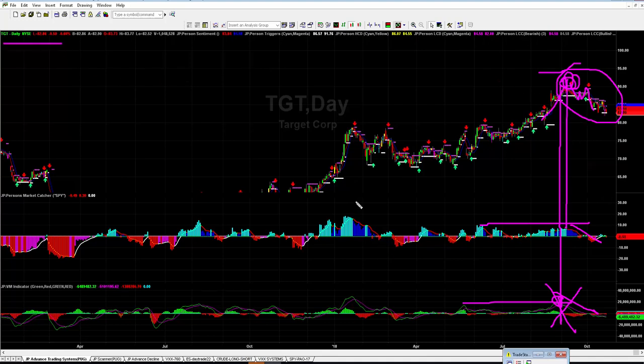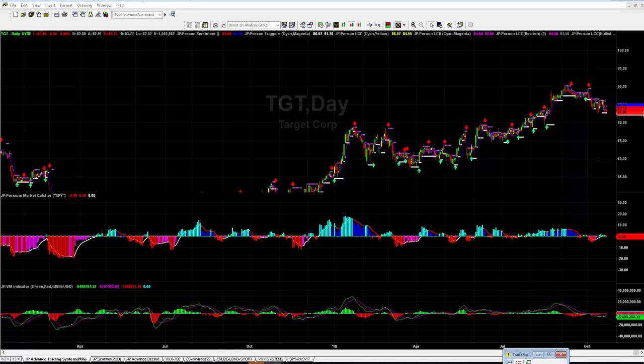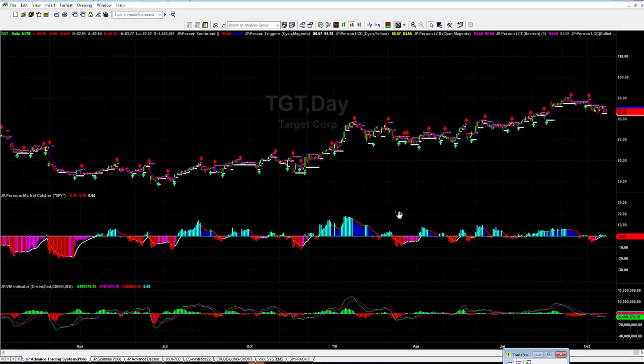When would I want to be a buyer of Target? I would want to be a buyer of Target, or any stock for that matter, that gives me the patterns that have been consistently reliable. It's not just the PPS, but is the relative strength improving, and do we have an uptick, meaning is the volume trend moving up, and do we have that green momentum of volume?